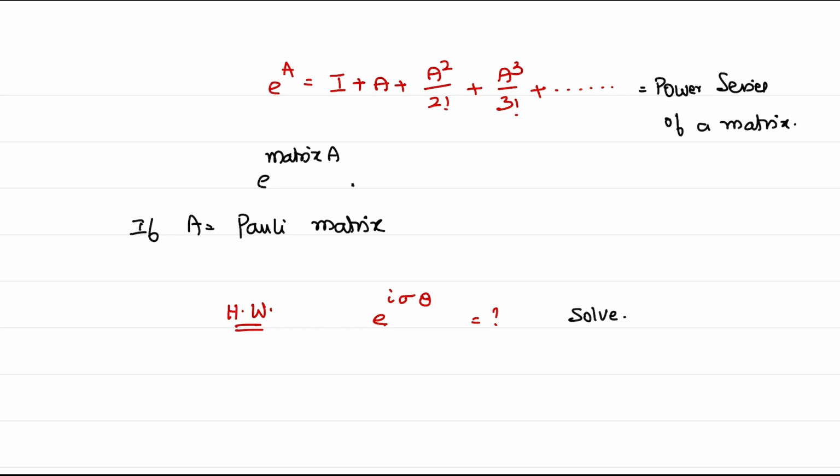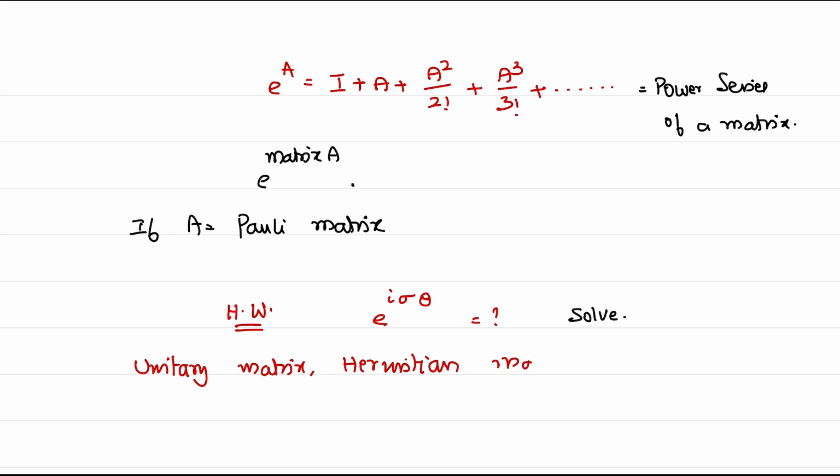And I have already explained to you what is a unitary matrix and what is a Hermitian matrix. You know about unitary matrix and Hermitian matrix.